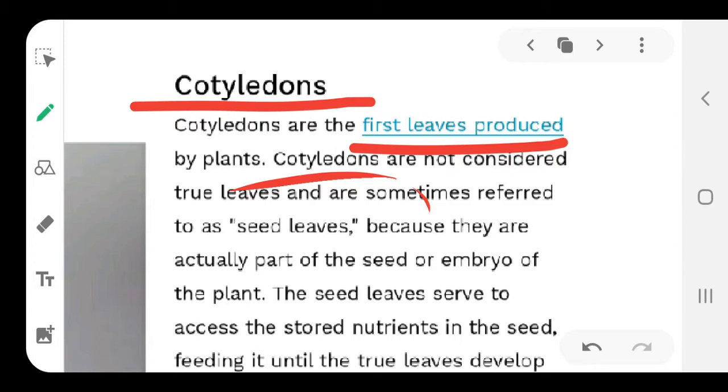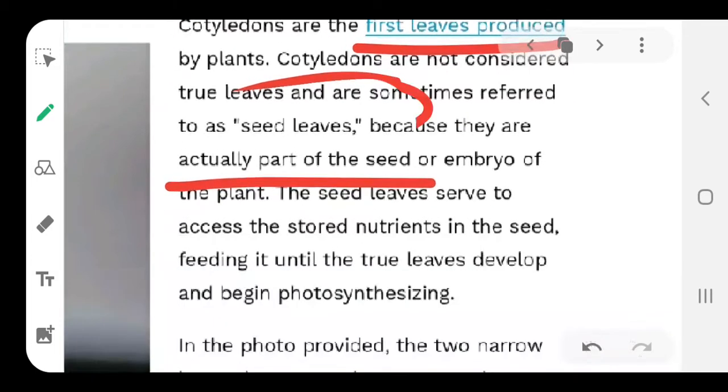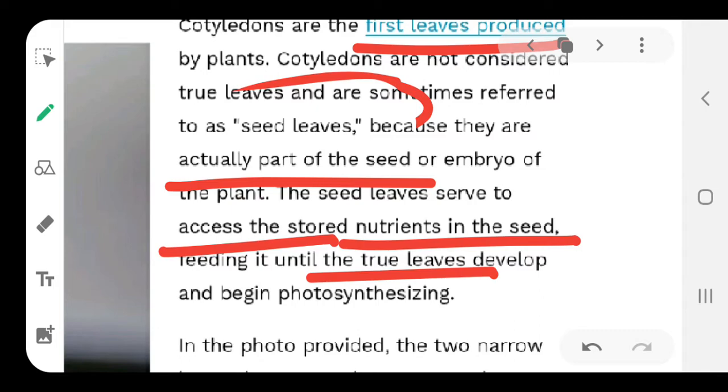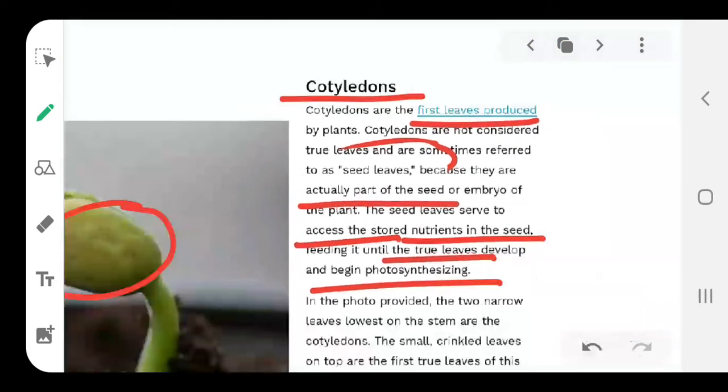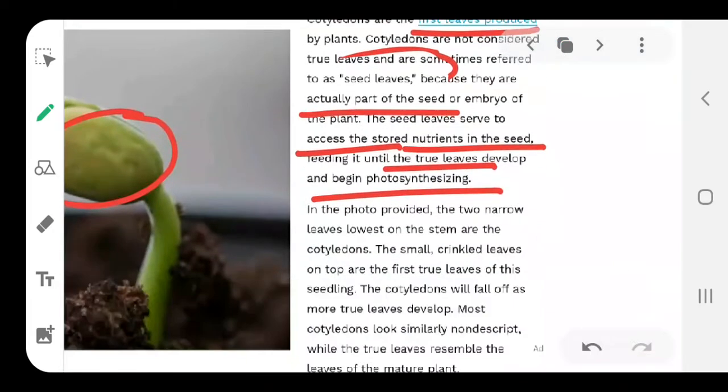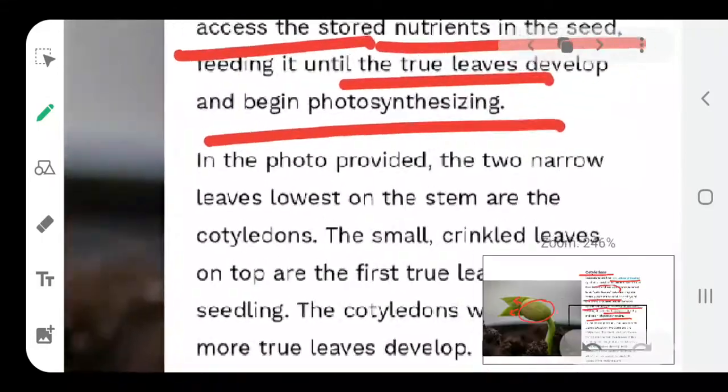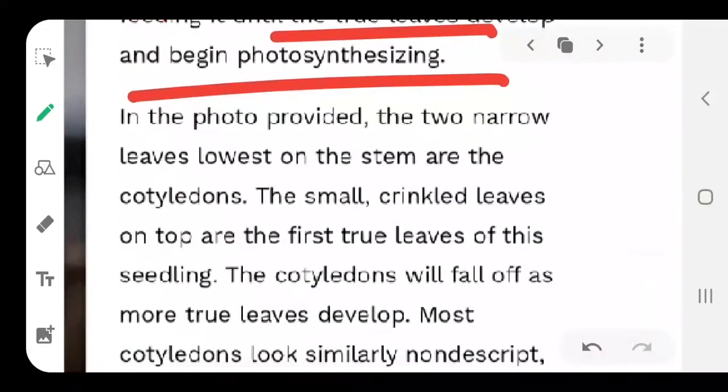Why are they called so? Because they are actually part of the seed or embryo of the plant, and the seed leaves serve to access the stored nutrients in the seeds, okay, until the true leaves develop and begin photosynthesizing. That means when the plant is in baby form, every aspect of its life is governed by cotyledons, okay.